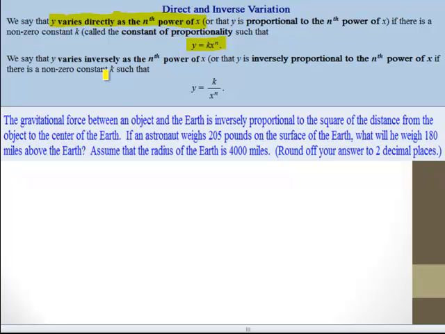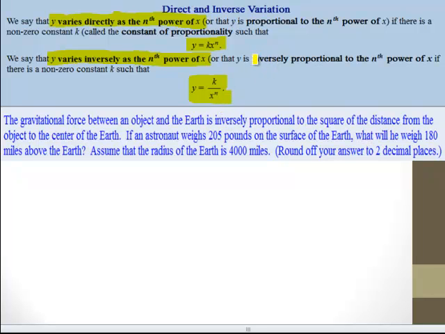Okay? So look at the second one. It says y varies inversely as the nth power of x. So it's inversely proportional. That means you're going to have an equation with a fraction in it. Y is varying inversely to x. That's why x is in the denominator this time.